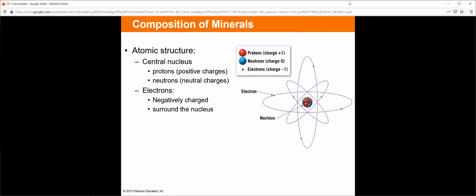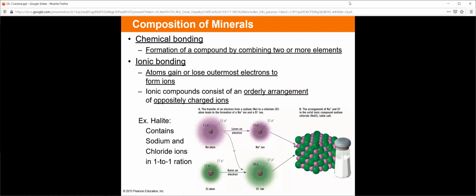All three of these main atomic particles combine to form the atoms, and the ways they combine form the different elements that we have in nature. These atoms can bond either chemically or ionically to create molecules and larger and larger minerals that exist.